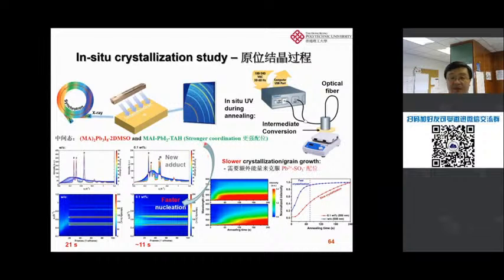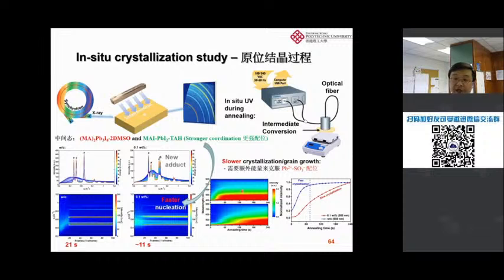The same stronger coordination, when we do the conversion from the intermediate phase using thermal annealing to convert into perovskite, requires extra energy to overcome this coordination, and that slows down the crystallization of the perovskite crystal. So that's all good. You want faster nucleation and slower crystallization.